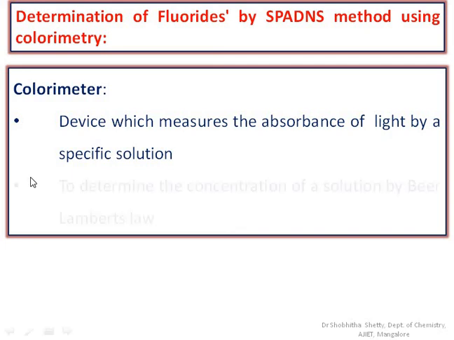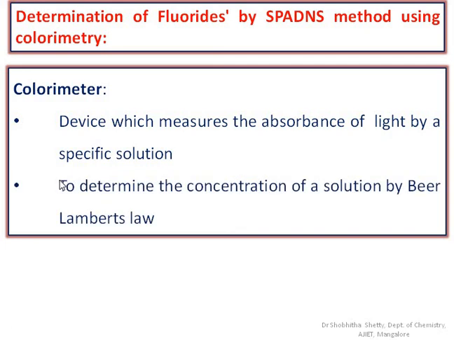This method works on the principle of Beer-Lambert's law, that is, as the concentration of the analyte varies, the amount of light absorbed also varies. As the concentration of the solution increases, absorbance also increases. So they are directly proportional to each other, and this is stated by Beer-Lambert's law. That is why the colorimetry technique works on the principle of Beer-Lambert's law.